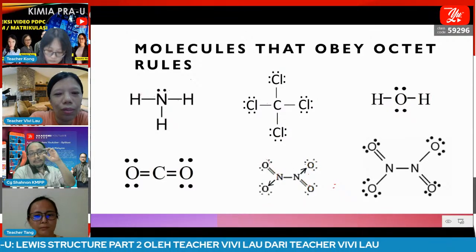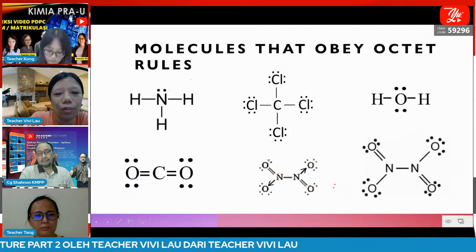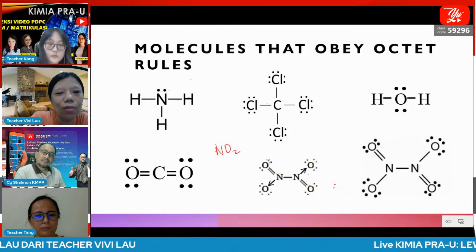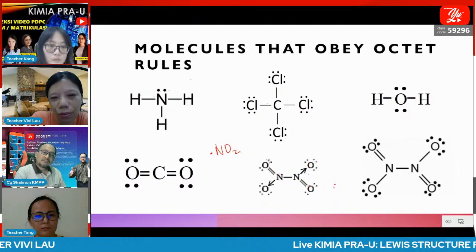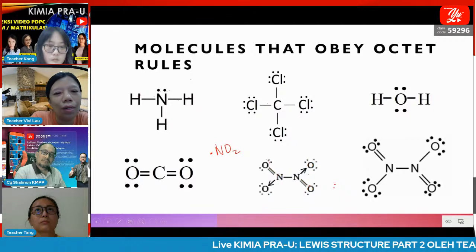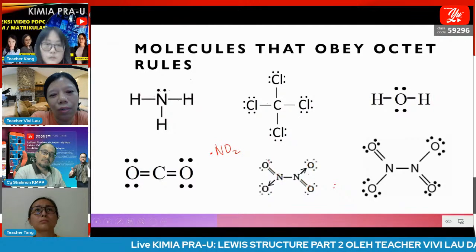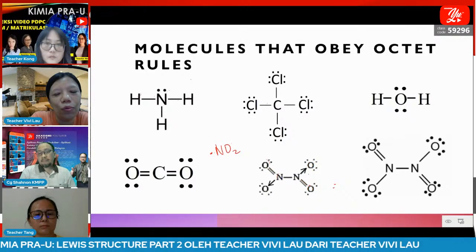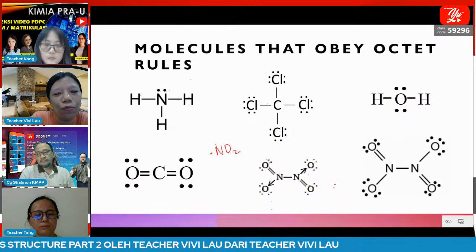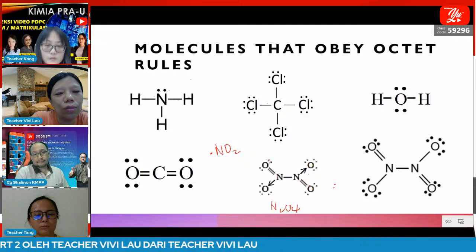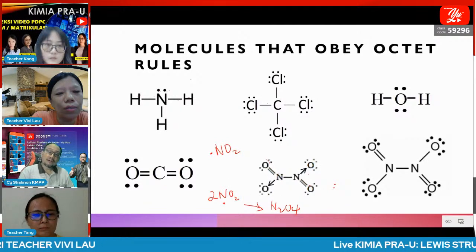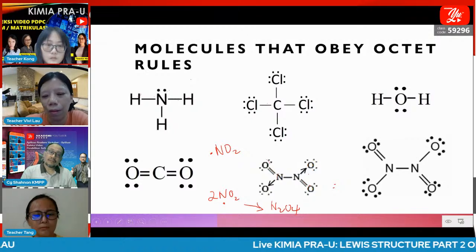This one comes from nitrogen dioxide, that's why it forms this structure. Nitrogen dioxide has an odd electron at the nitrogen. Later we will see. Because of the odd electron it is not stable, so two nitrogen dioxide combine to form N2O4.